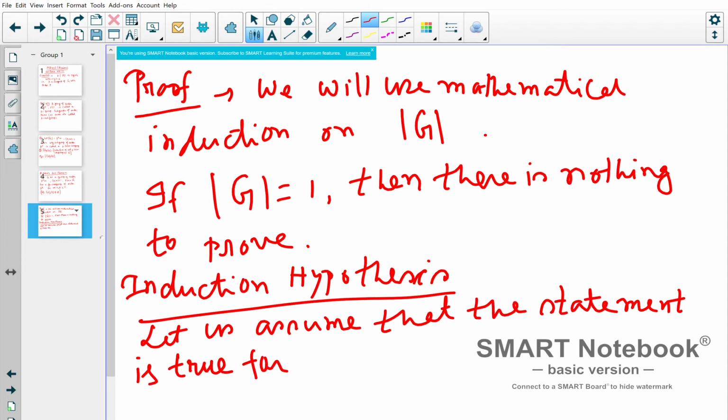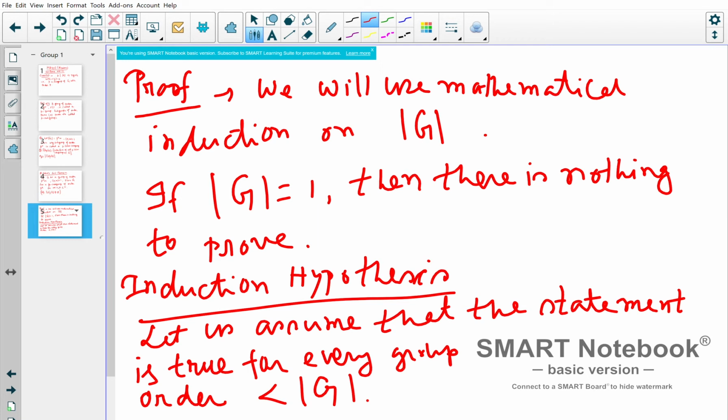The statement is true for every group of order less than the order of the group. So whenever you have a group whose order is less than the order of the group, then the statement is true.